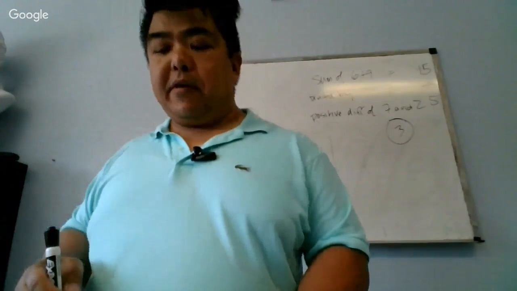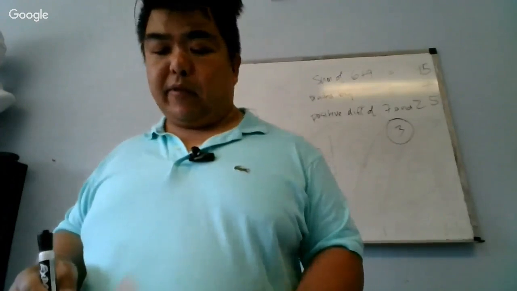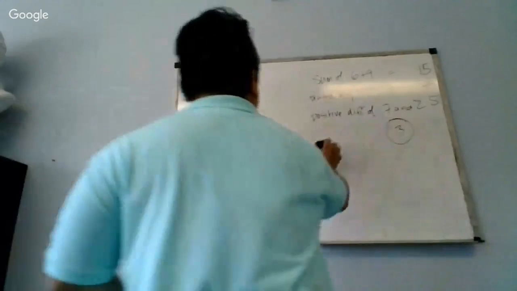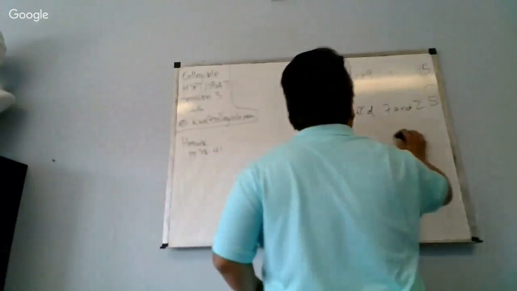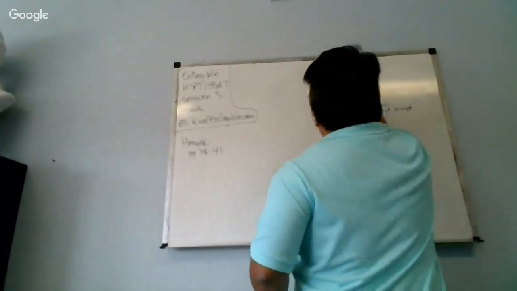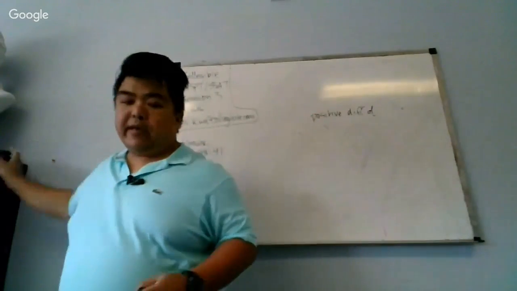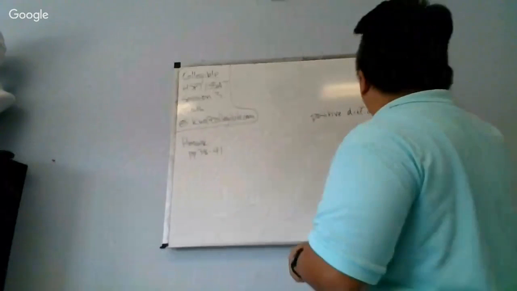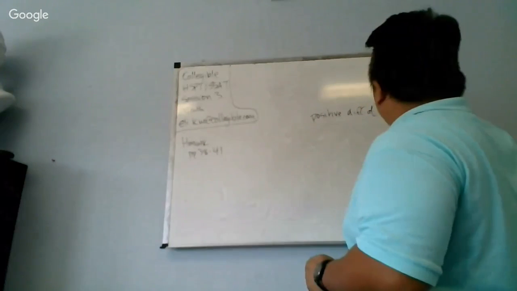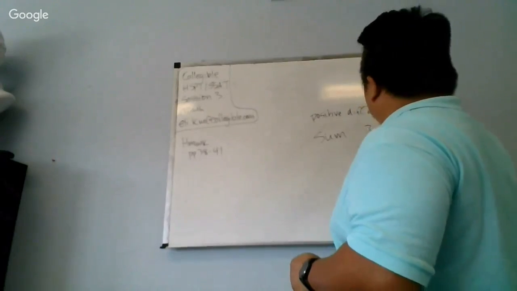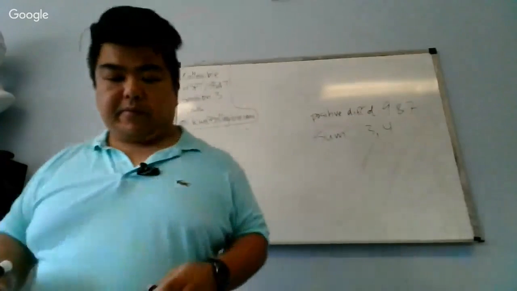Let's do another one here. Let's go to number 7. Let's go with Sydney. You want to read that? Multiply the positive difference of 9 and 7 by the sum of 3 and 4. Positive difference of 9 and 7. Okay. What would you do with that one?